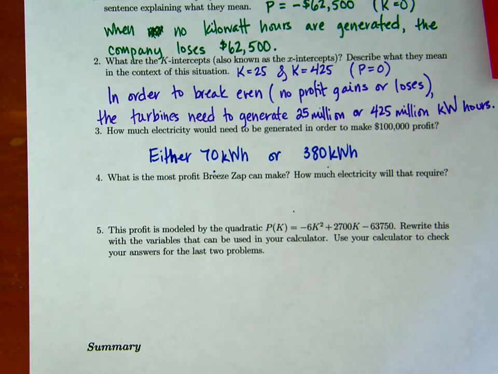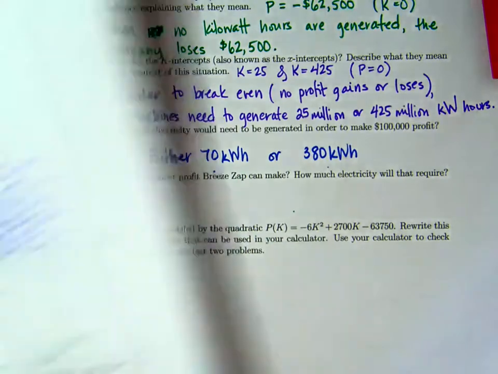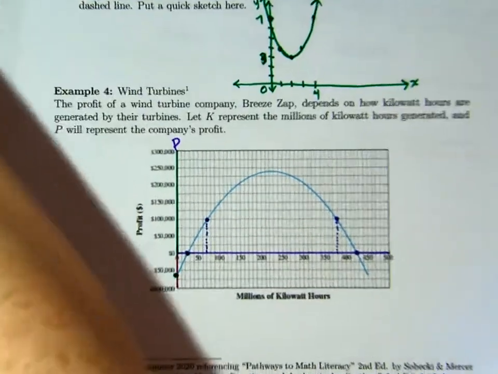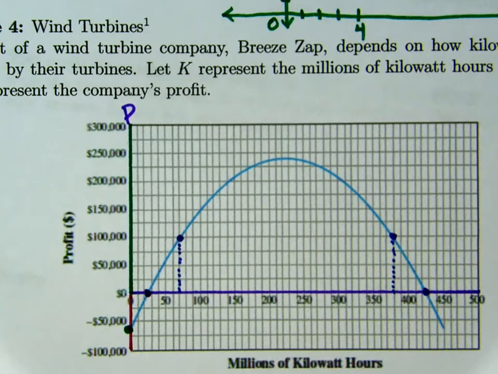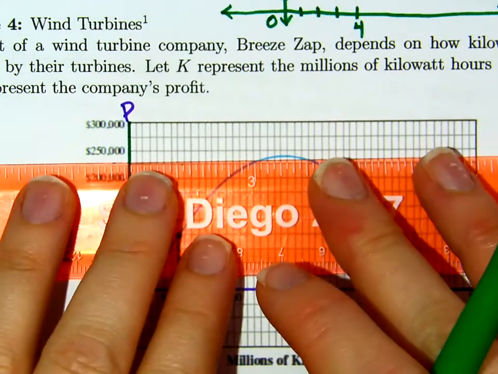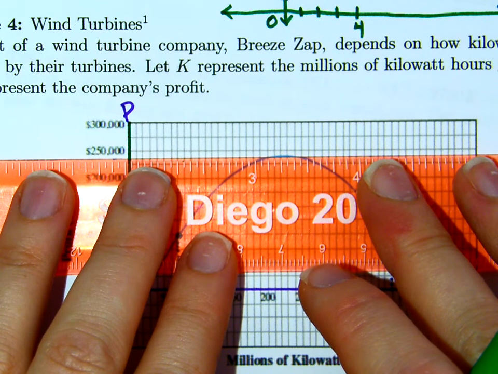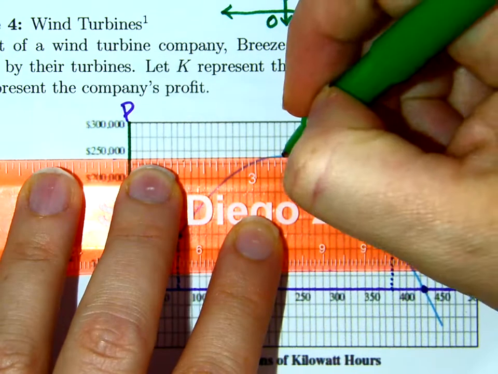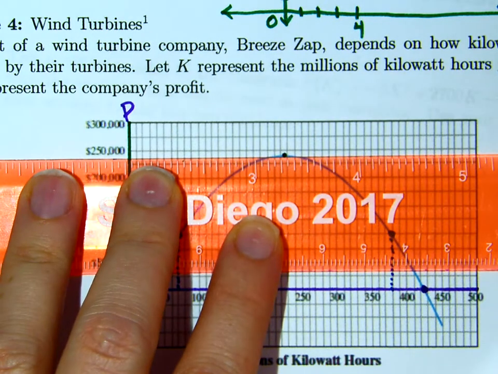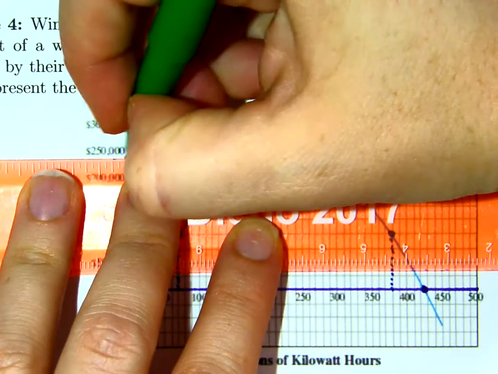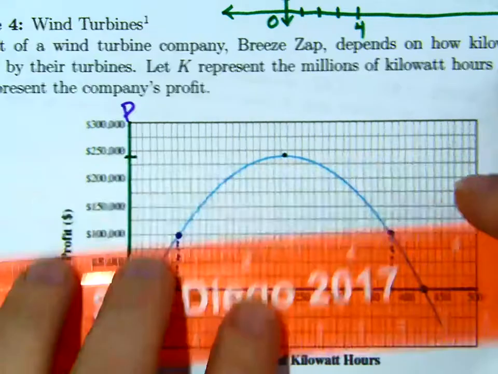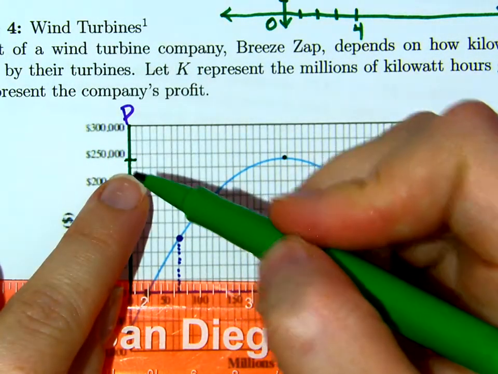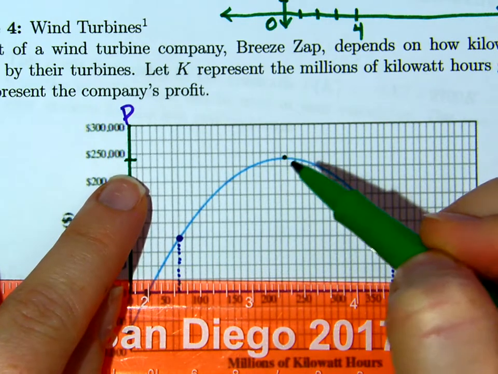Okay, so the most profit. Let's find this peak. There-ish. Something like that. Something about there. Okay, so let's see. It looks about halfway between. It's a little bit higher than halfway between.